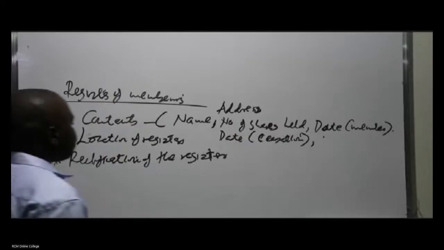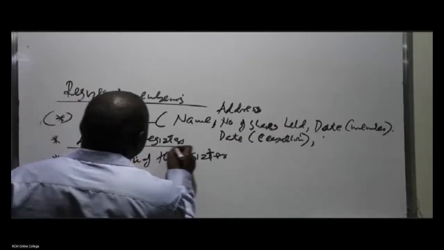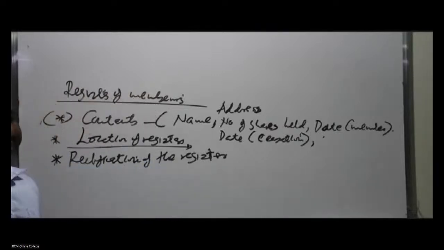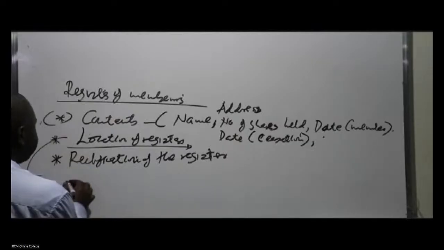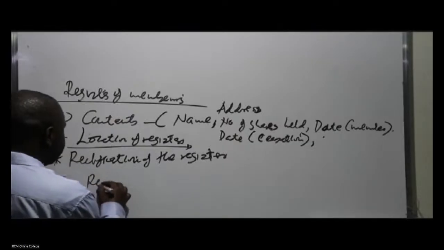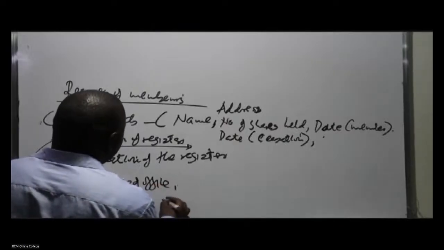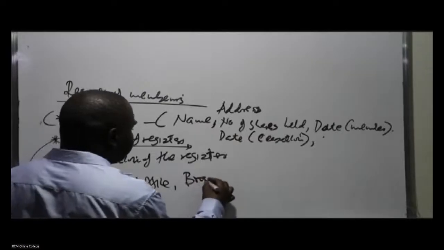Then when you talk about location, this register of members of the company will likely be located at the registered office of the company. So there are those locations where it can be kept. It can be at the registered office, or it can be at any branch of the company.